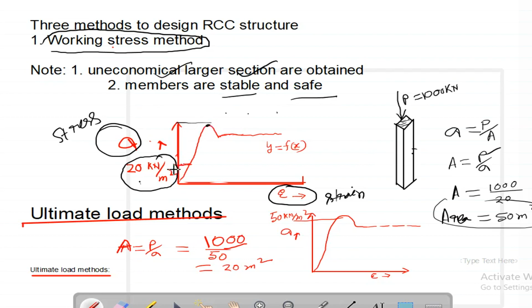That is why it is called the working stress method. So the main points of the working stress method are: we can have uneconomical larger sections, and second, members are stable and safe because we give additional area, more length and breadth as required.